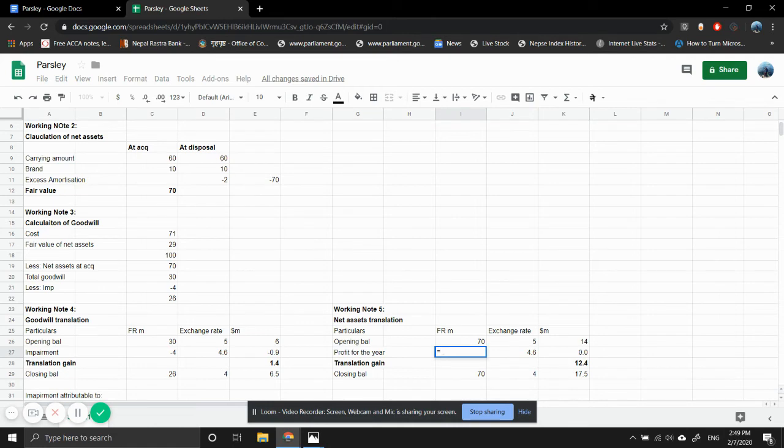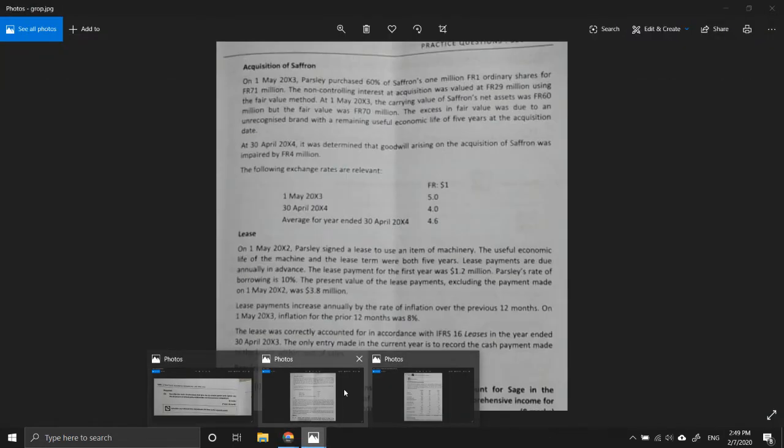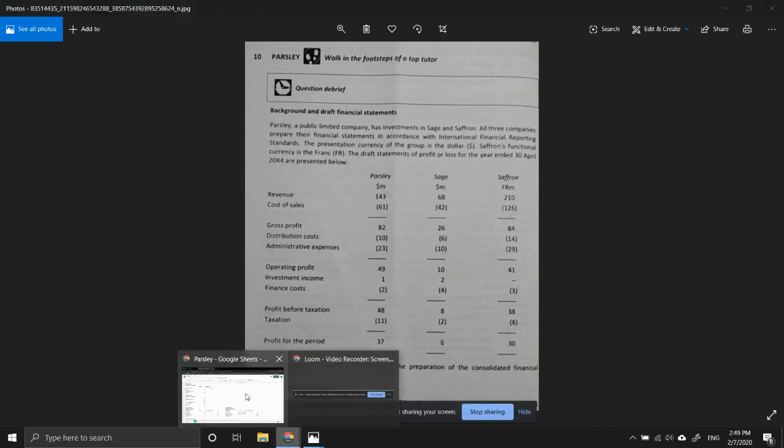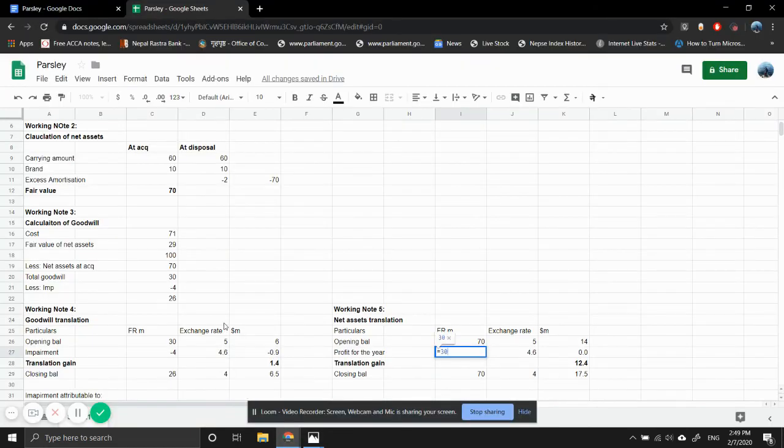So what's our profit for the year? Remember about the amortization as well. So profit is 30, which is not exactly 30 because amortization is not included within it. So we need to reduce it by 2 as well, right? So that means this is 102, right? And then this carrying amount has increased by how much? 32.